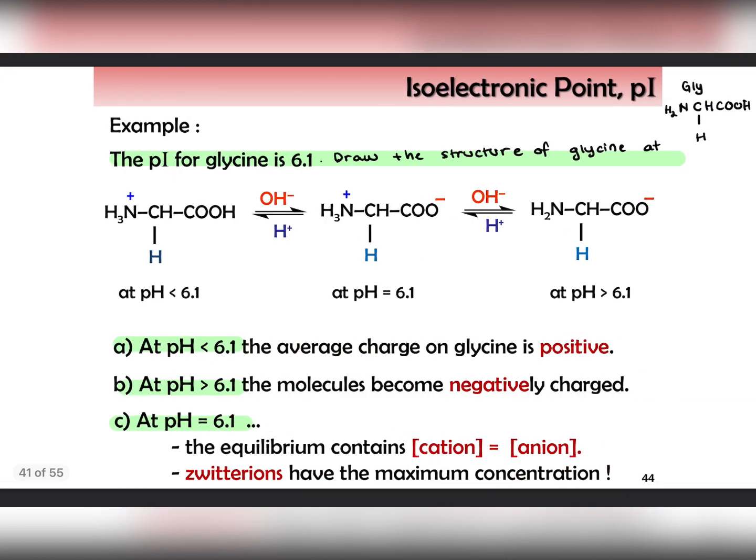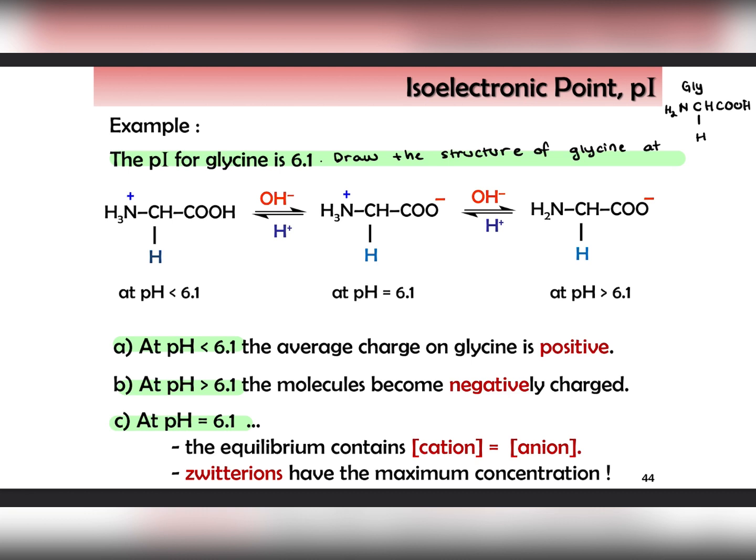The question usually continues with drawing the structure of glycine, which has only hydrogen as its side chain. A: draw the structure of glycine at pH less than 6.1, meaning in acidic solution. B: draw the structure at pH more than 6.1, meaning it will be in basic solution. And also at pH 6.1, it asks you to draw the zwitterion.